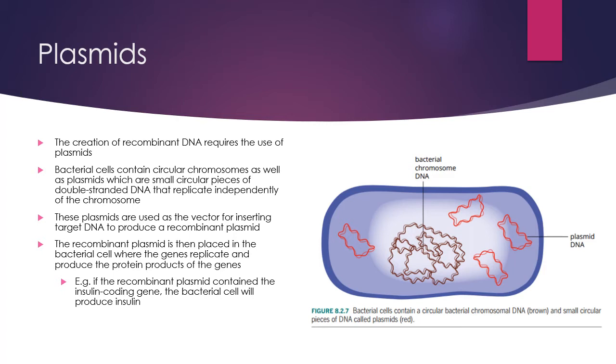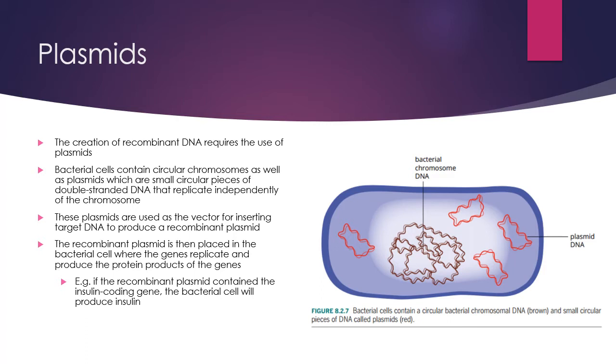Over there on the left, you can see that we are using those because they replicate independently of the chromosome. So the bacteria can still survive and do its thing because its chromosomal DNA is transcribing and translating, but the plasmid DNA does that separately. So it's very useful because it can be doing its thing while still surviving and making what it needs.